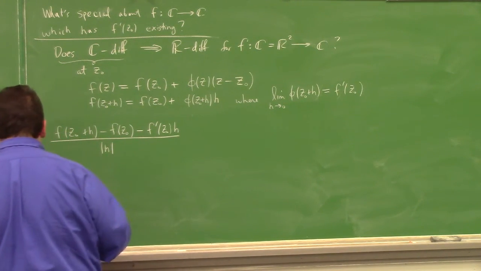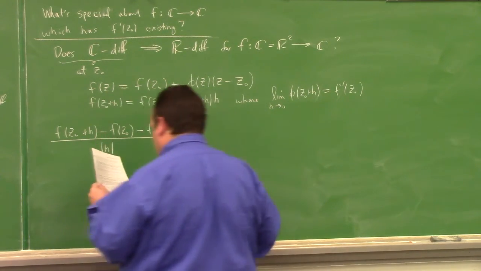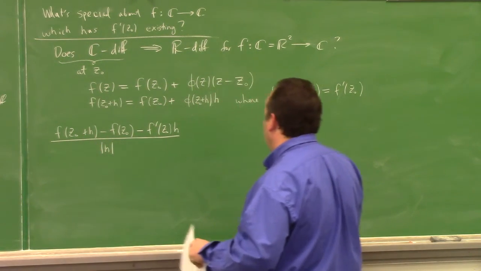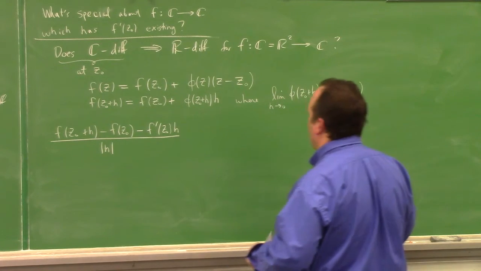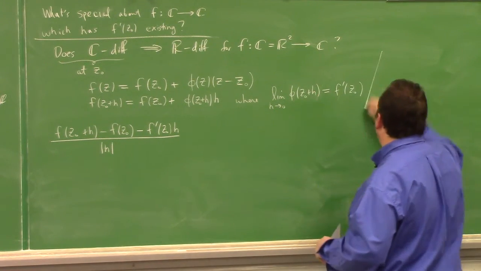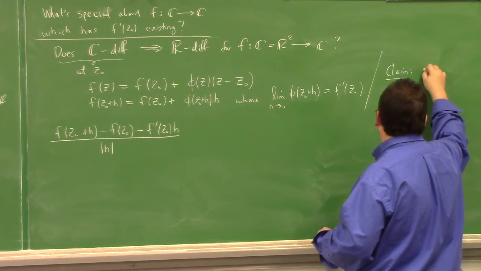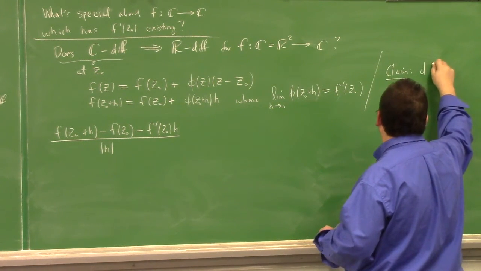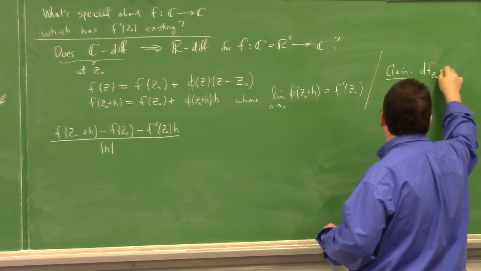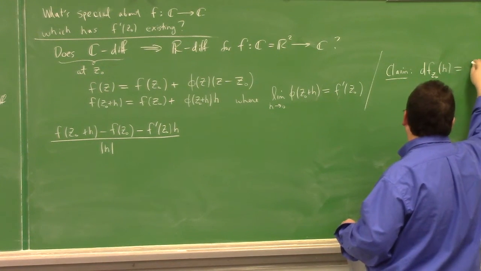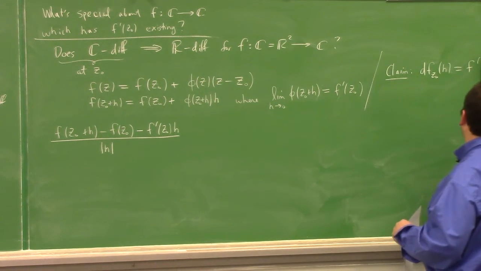I mean, modulus of h, right? So what I'm going to claim is that the differential of f at z naught is just given by f prime of z naught.